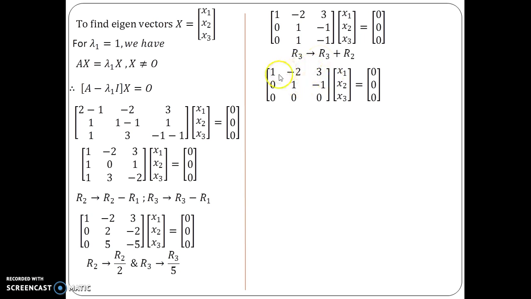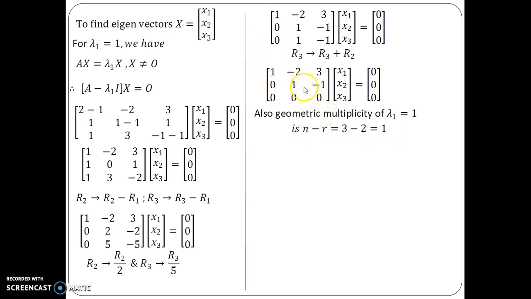Now further, what I observe here is that the rank of A minus lambda 1 I is nothing but 2. Okay, so that is the rank of the matrix. And further, when I simplify for geometric multiplicity, I obtain that for lambda 1 equal to 1 it is 1, because n is 3 and r is 2, so n minus r is 1.